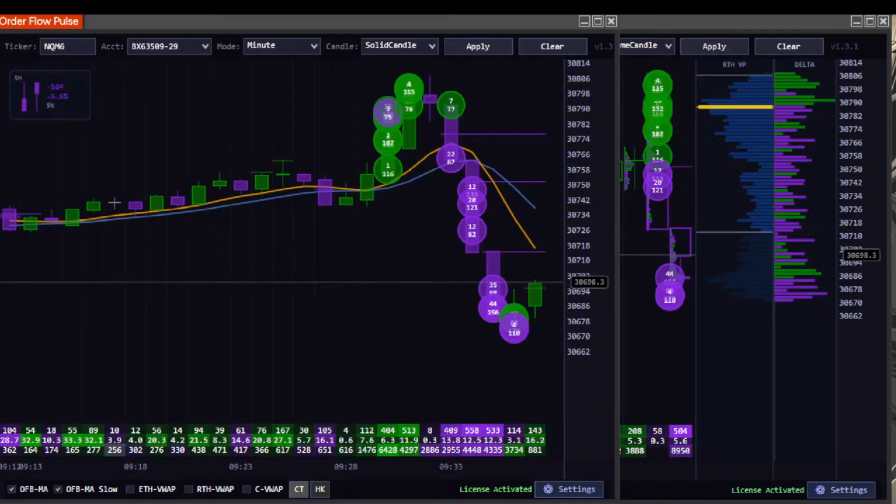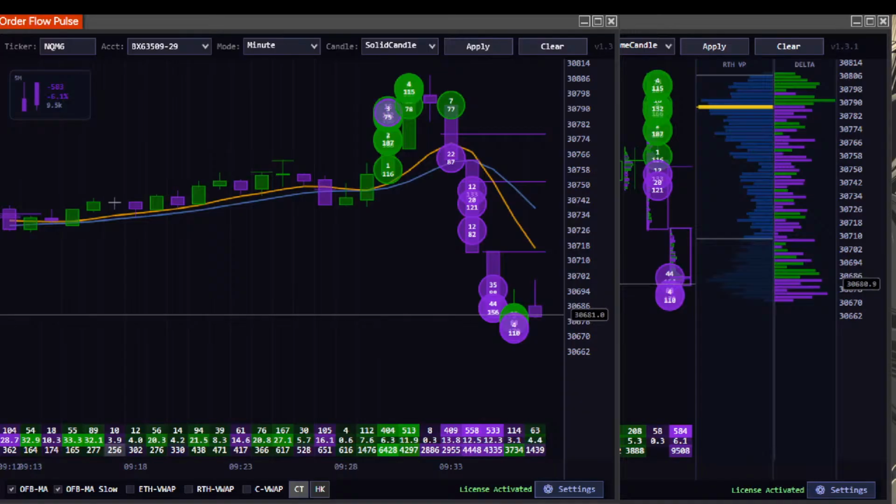Let's look at these market levels, the market levels indicator.